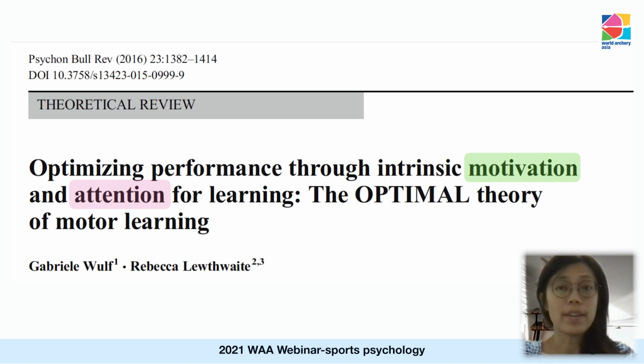So you can find here two factors are important in this theory. First one is motivation, and second one is attention. This theory is proposed by Wulf and Lewthwaite. So let's look at the details.